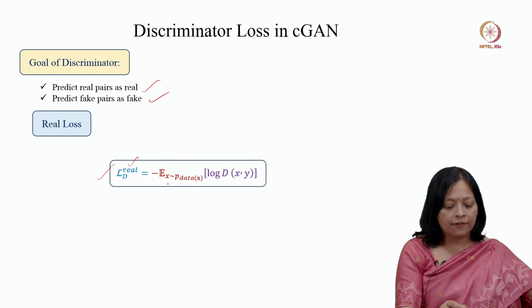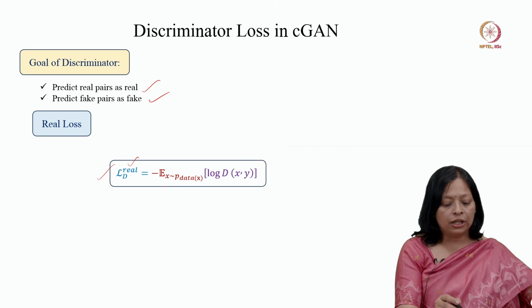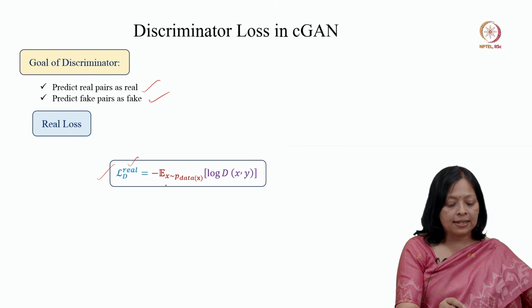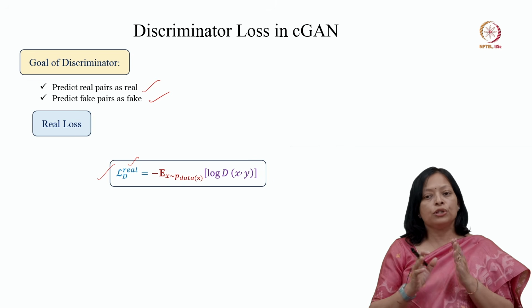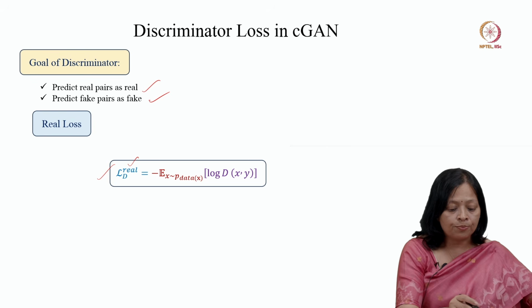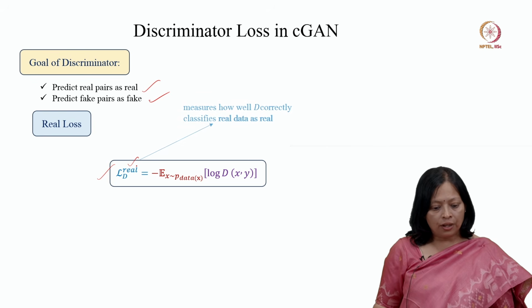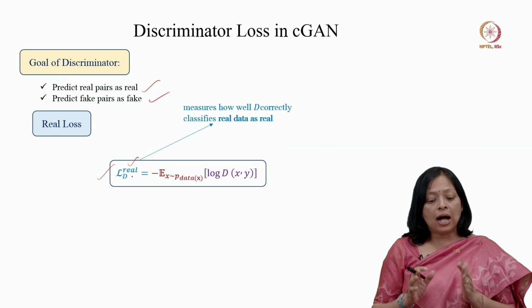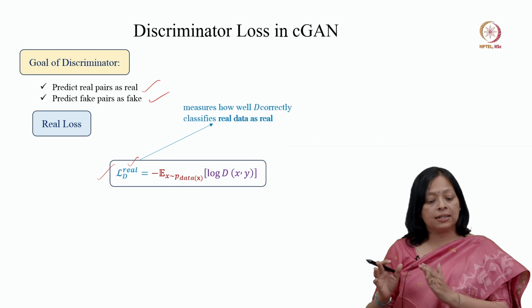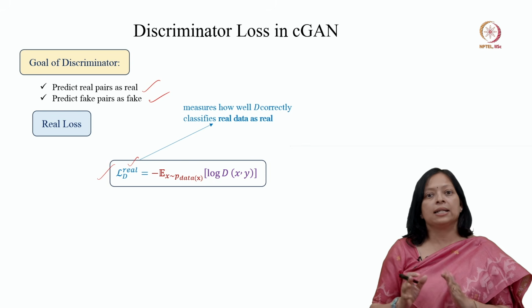It is given as the expectation value of log D(x,y), where x is taken from the distribution of the true data. I will explain each and every term here. This real loss measures how well the discriminator correctly classifies real data as real.